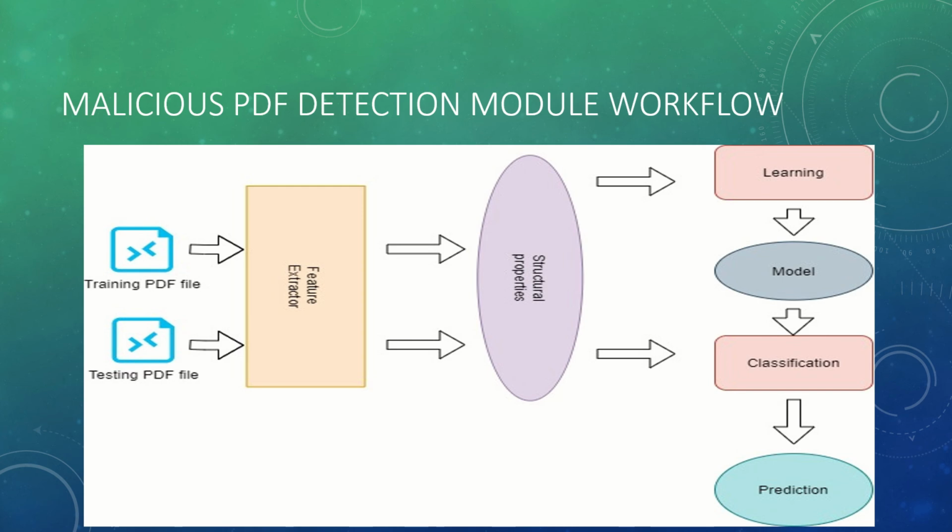Overall, the most likely features are 21 features that will decide whether the PDF file is malicious or not. All those features are structural properties of the PDF, which will be fed into a convolutional neural network model, developed in Python. This model will then be hosted on a cloud, and after hosting, the prediction will be conducted.